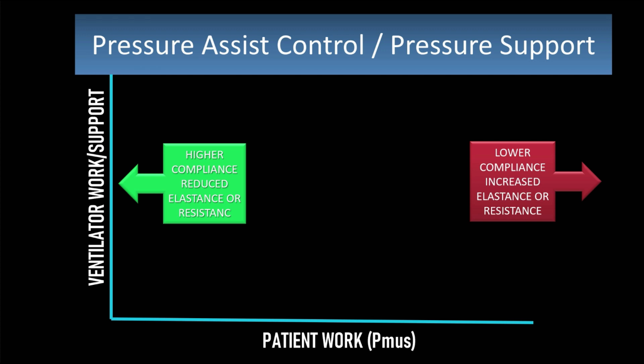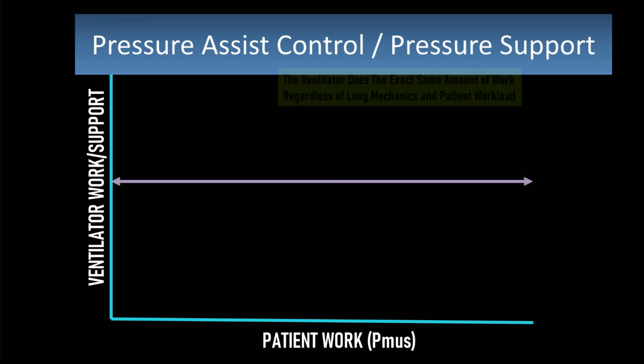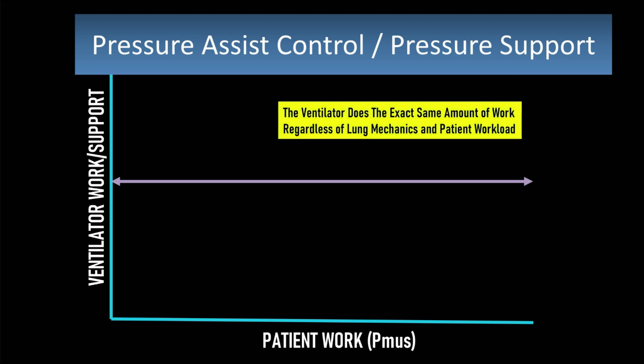Moving to the left is reduced work of breathing, moving to the right is increased work of breathing. Let's see what happens in pressure control and pressure support. You can see that there is a linear relationship. As the patient's work goes up and the patient's work goes down, the ventilator's work is unchanged.